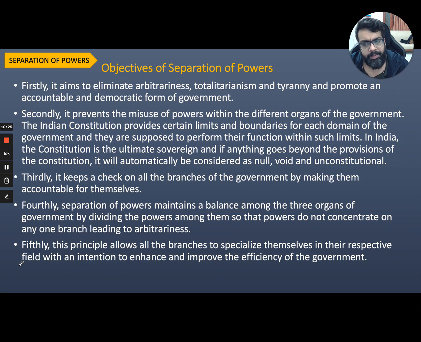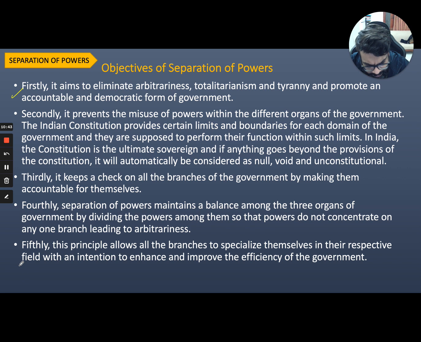Now we look at the primary objectives of it. See, the primary objectives of separation of powers are very simple. First, we have to eliminate arbitrariness, totalitarianism, and tyranny, and create a sense of accountability and a democracy in the form of government.